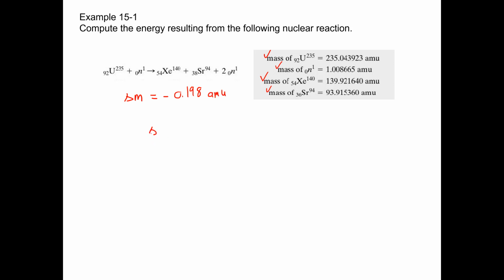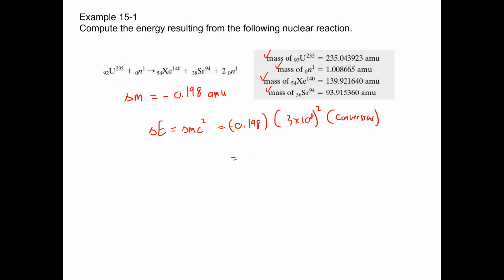And if you were to do the conversion from that mass to energy, take the atomic mass change and multiply it by the speed of light squared. And then, of course, you need to take into account all your conversions, which I'm not going to include in this slide.